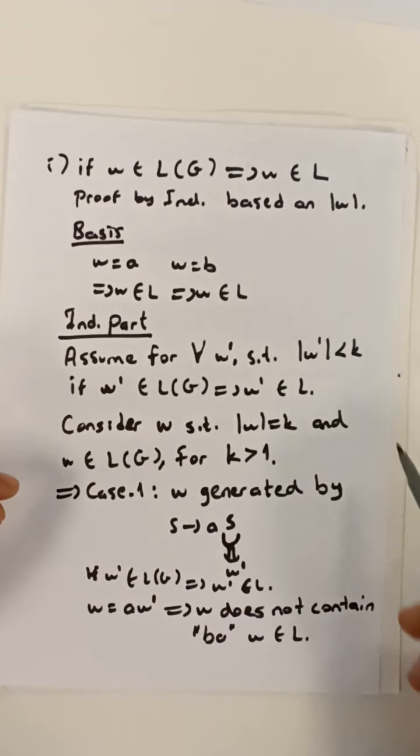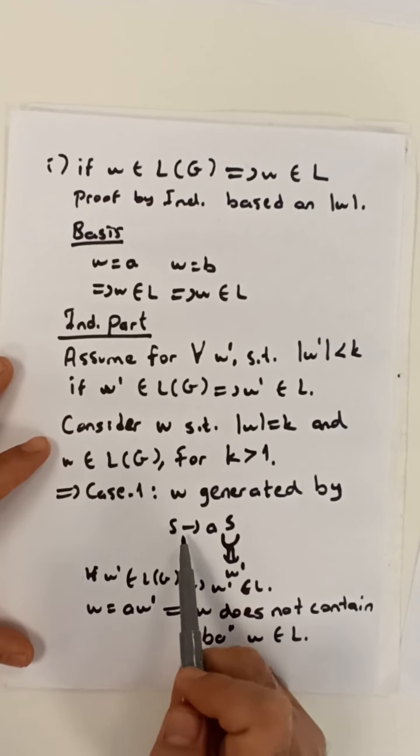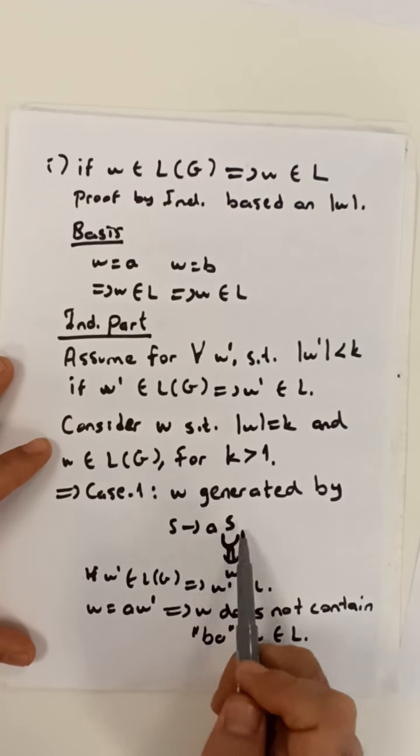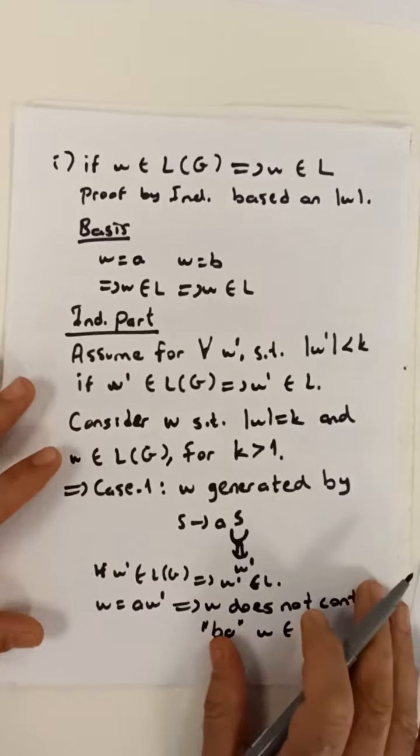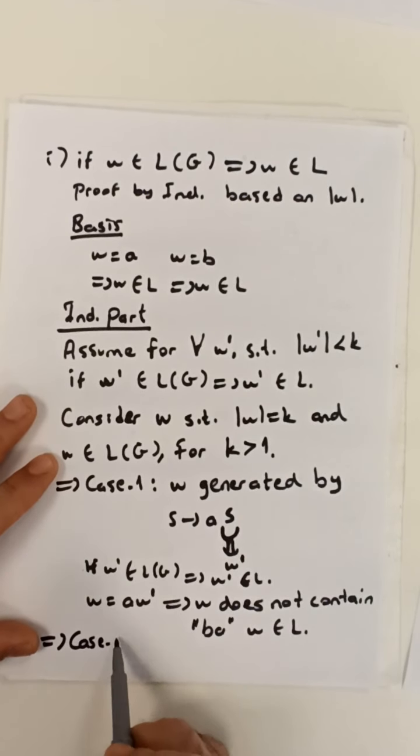Now, this covers the first case, if our string W is generated through this rule. I won't completely do case 2 as well, but it can be done in a similar fashion.